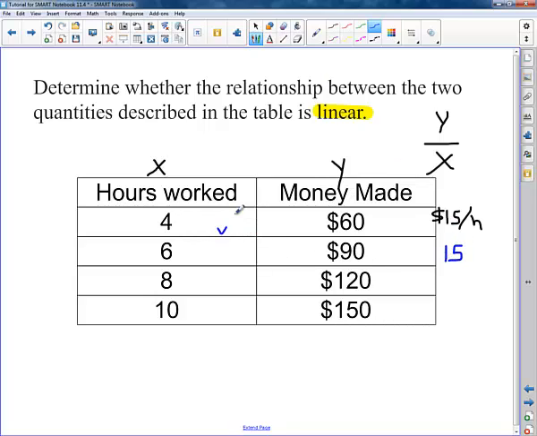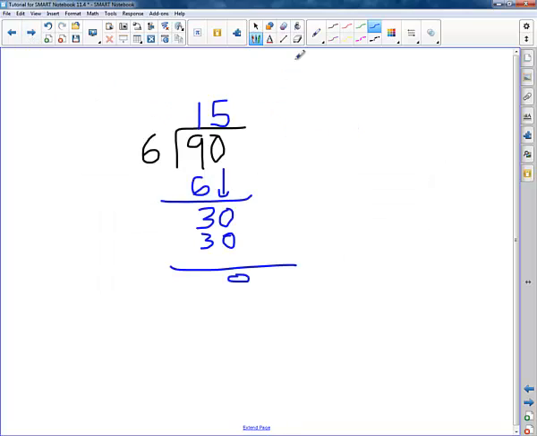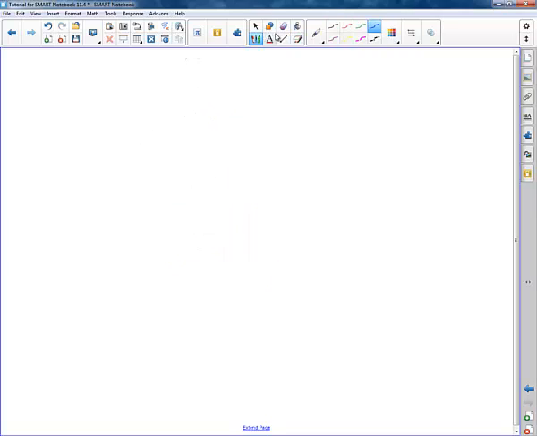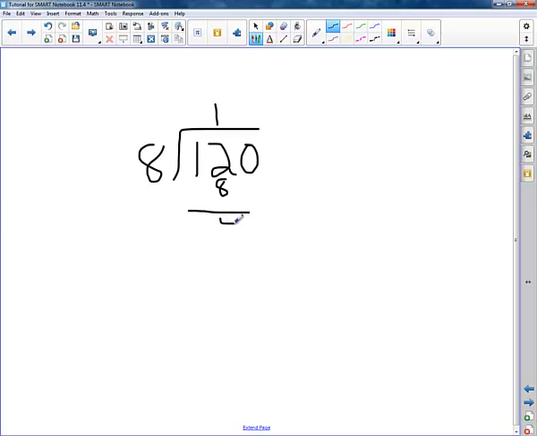Okay, so this one's the same as this one. So what we need to now see is whether 120 divided by 8 is also going to be 15. So I'll take my 120 and divide that by 8, and 8 goes into 12 one time. 12 minus 8 is 4, bring down the 0, 8 goes into 40 5 times, and that is our 15.